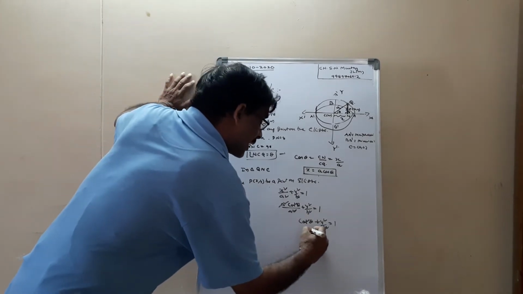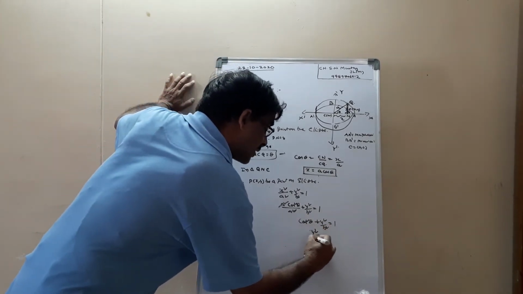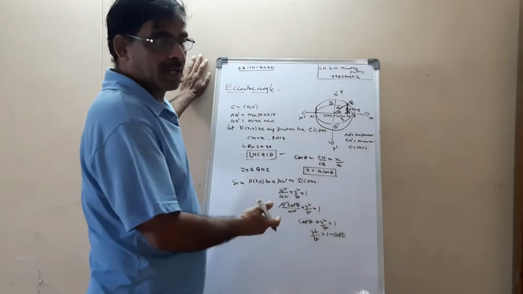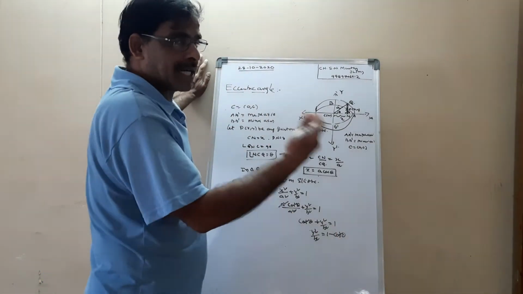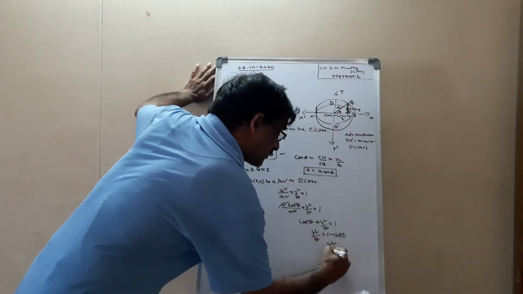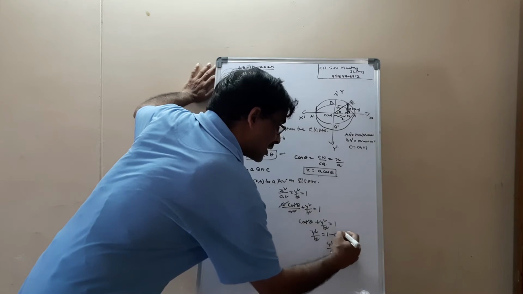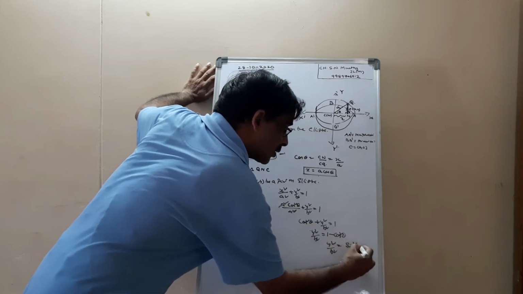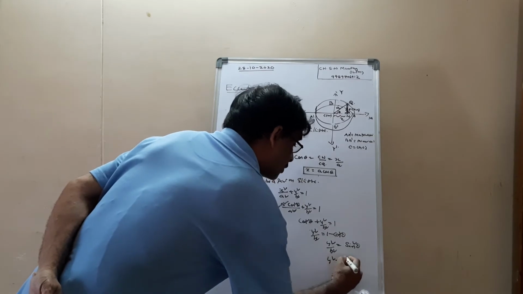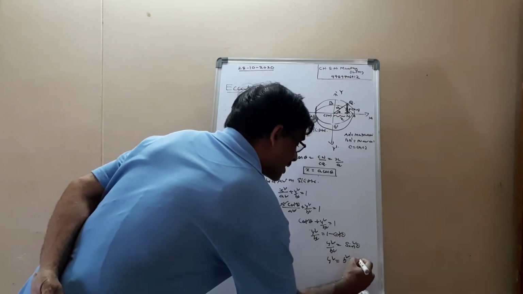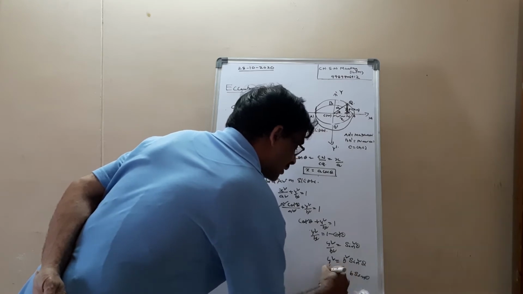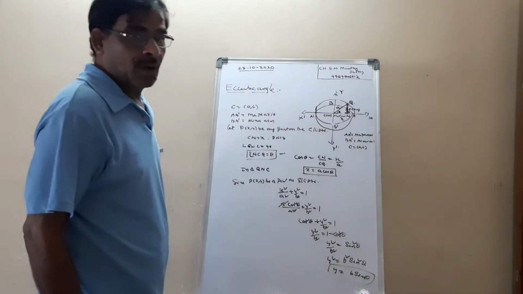So y square by b square equal to 1 minus cos square theta, if you transform cos square theta to the right side. Its value equals sin square theta. Or y square equal to b square into sin square theta, or y equal to b sin theta. See, we have the y coordinate.